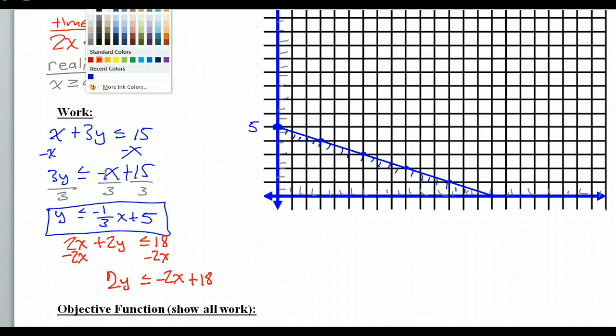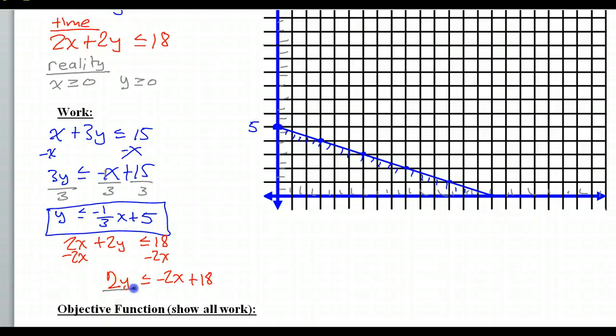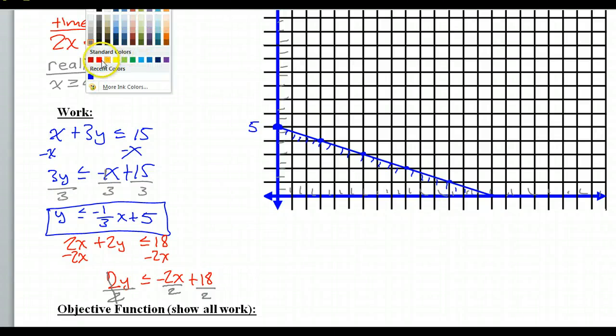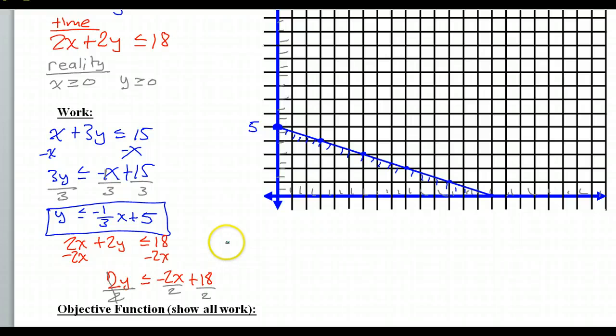And then we need to divide by 2 everywhere. So divide by 2, divide by 2, divide by 2. Okay, so that's going to leave me with y is less than or equal to negative x plus 9.